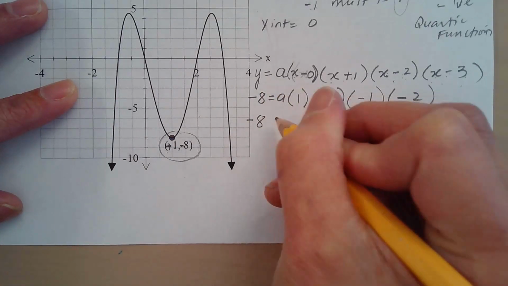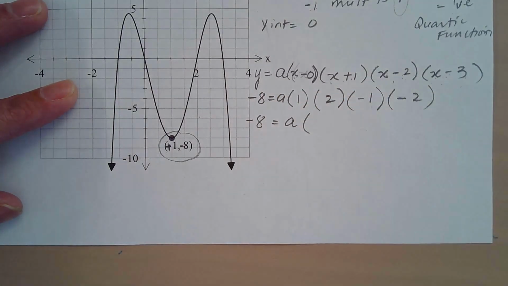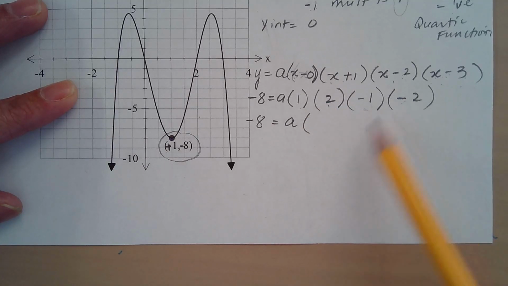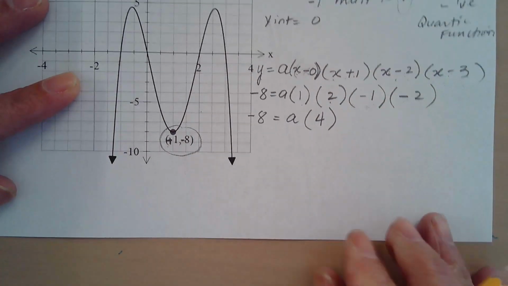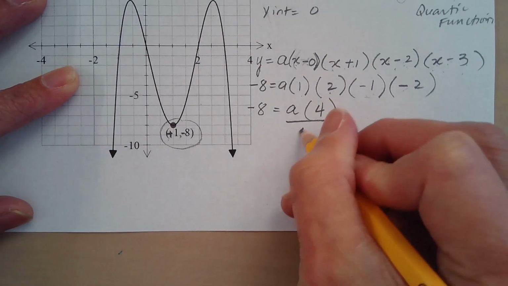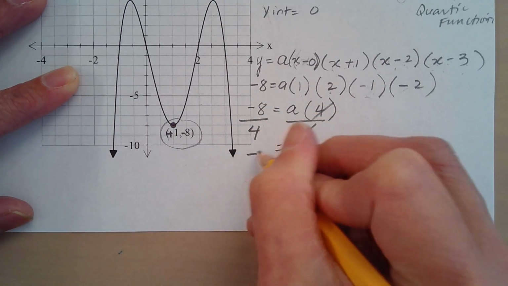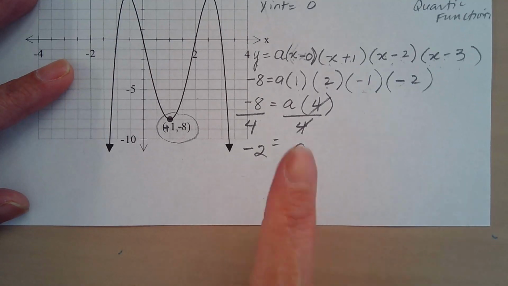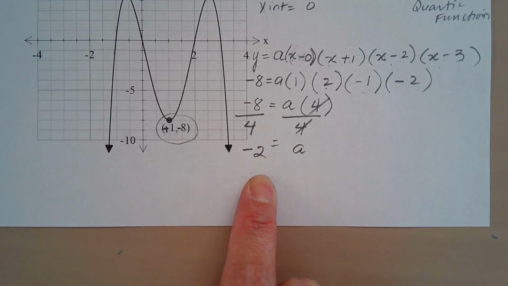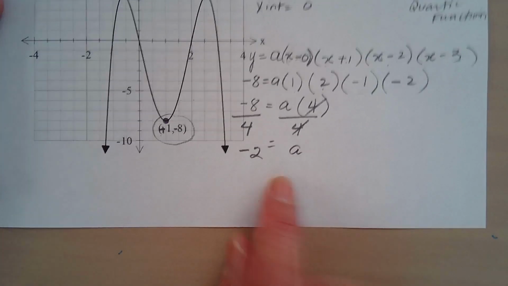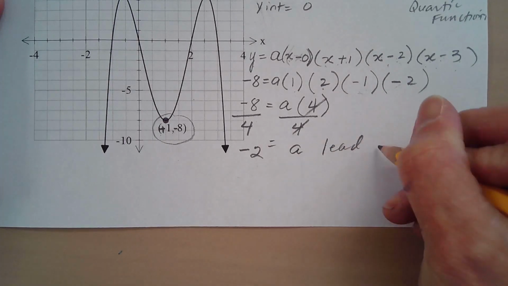So it's -8 equals A times 1 times 2 is 2, times another 2 is 4. Okay, solve for A. Divide by 4, divide by 4. So A is equal to -2. And that's what we predicted, right? The A is negative. Leading coefficient is negative. I'm using the point (1, -8).